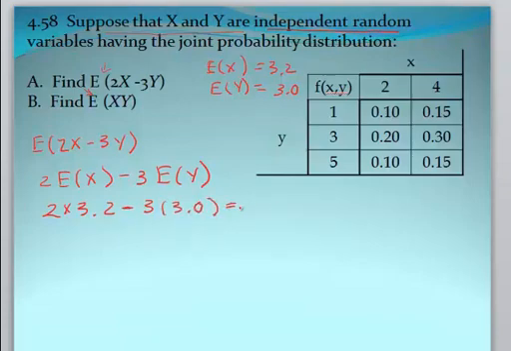And so all of that is minus 2.60. And so that's our expected value for this equation, minus 2.60. Okay, well that's easy enough.